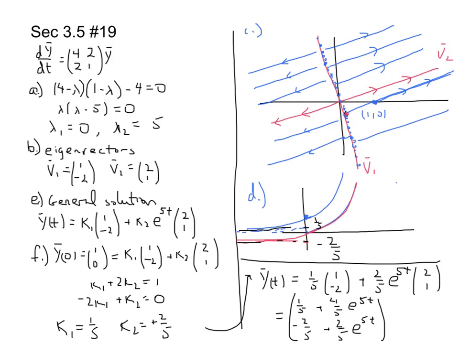But as time goes backwards, as t becomes negative, these terms go to 0, leaving me at, so here I am at time 0, going to minus infinity. I'm approaching this line. What point do I approach it at? I'm approaching the point (1/5, -2/5). Okay? I hope that helps. Good luck.